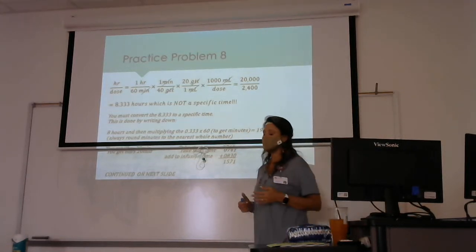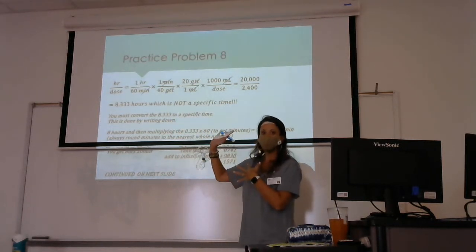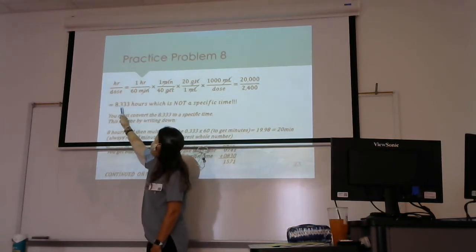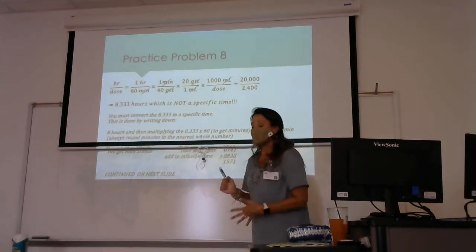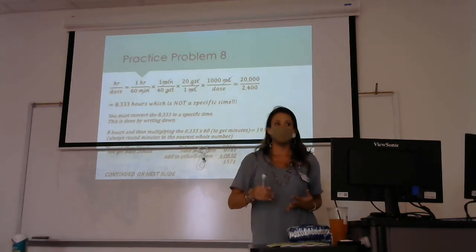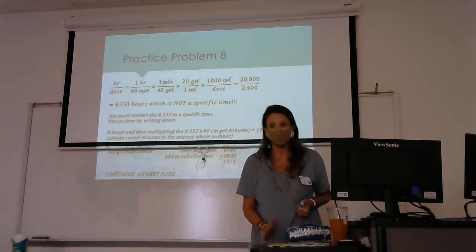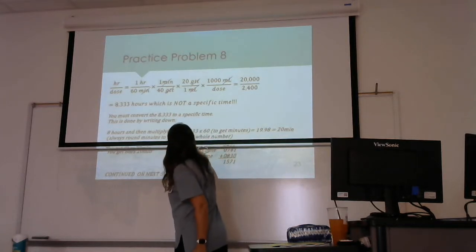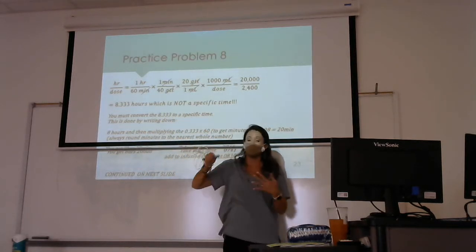Anytime it asks for a specific time, you start out with hours per dose. You go through the normal 50 billion steps, and you come up with 8.333 hours because we truncated, cut it off. I can't meet you at Walmart at 8.333 hours. I can meet you in that amount of time, but that is not a specific time. So that's why we have to go a step further, and we take 8 hours, that means 8 hours, and the .333, we have to convert that to minutes.